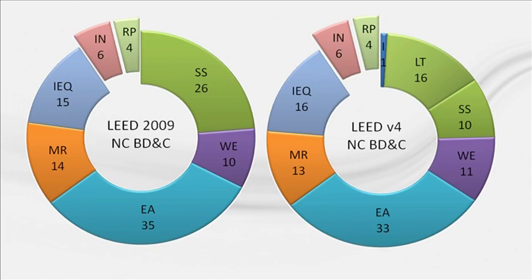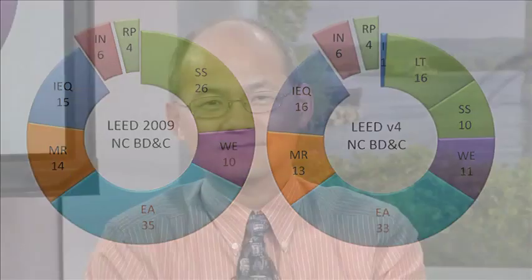Materials and Resources lost 1 point, and Energy and Atmosphere lost 2 points, but continues to be worth the most total points. Although USGBC continues to educate the green building community to look beyond just points, LEED points still drive design decisions and procurement behavior.